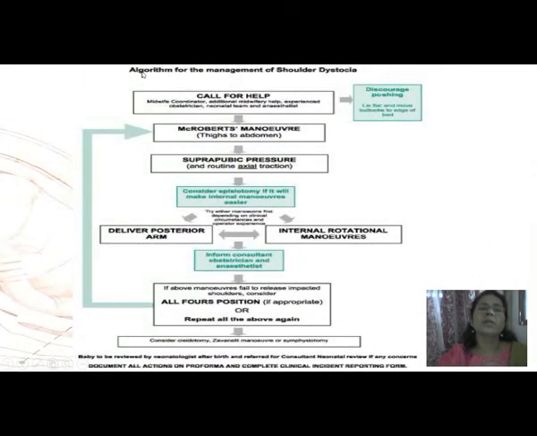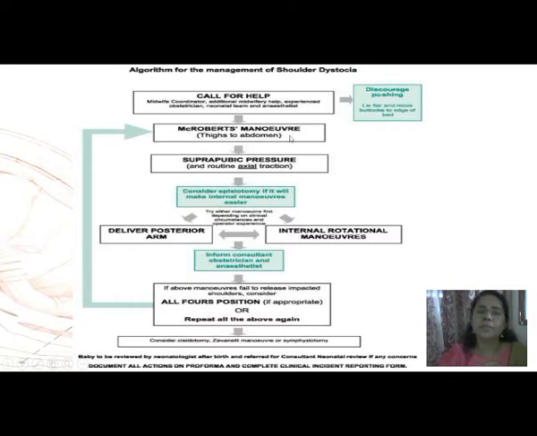This is the algorithm for the management of shoulder dystocia. First call for help, and explain the condition properly. Call the obstetrician and anesthetist for pain management, and the pediatrician for resuscitation.